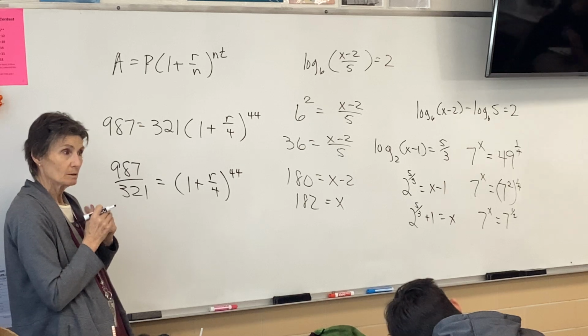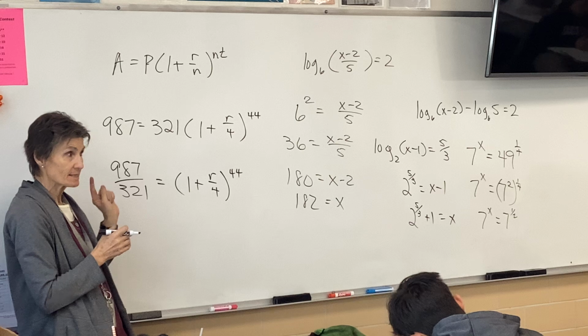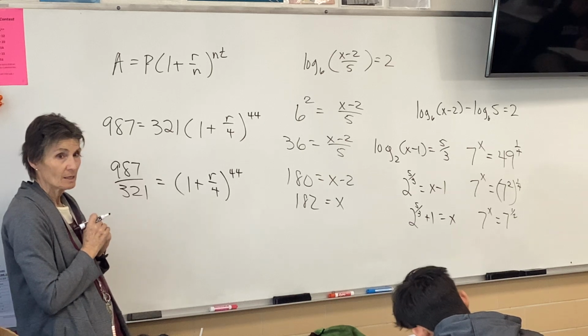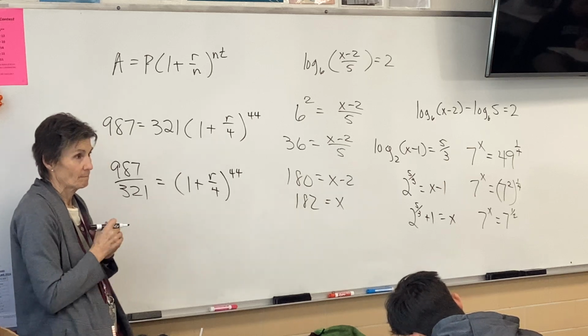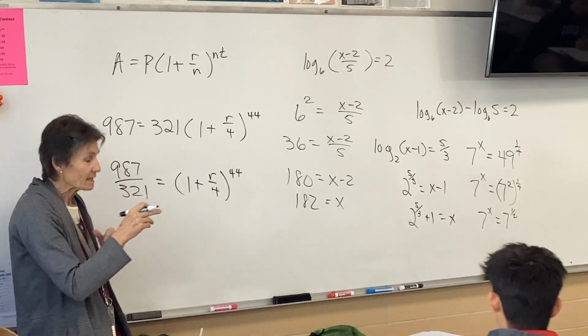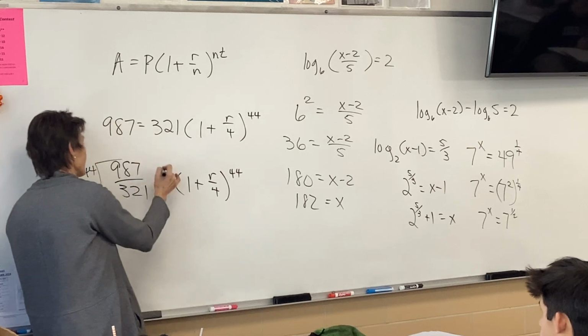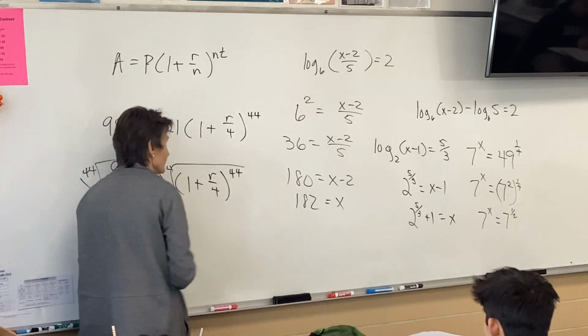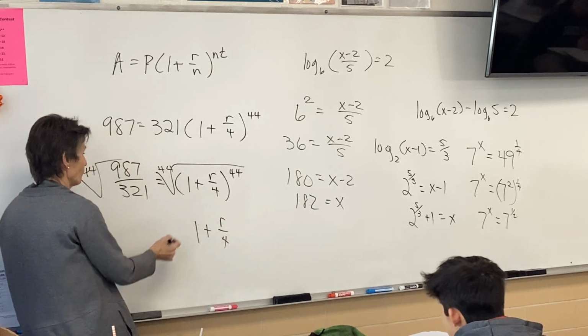When our variable is in the exponent. Is that variable the exponent? No, it's buried inside of a parentheses. So we 44th root both sides. You gotta get rid of the parentheses, and the only way to do that is the 44th root. Because that will leave me with 1 plus r over 4.